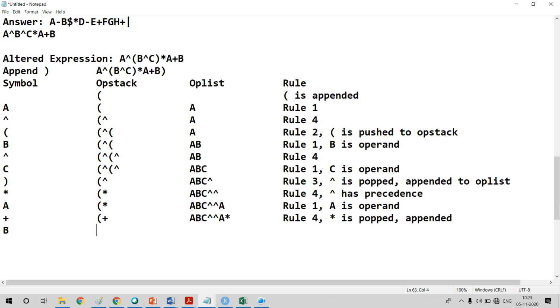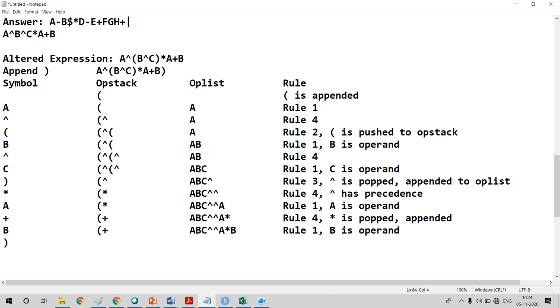The next symbol is B. B is operand that is appended at the end of OP list because of rule number 1. B is operand.